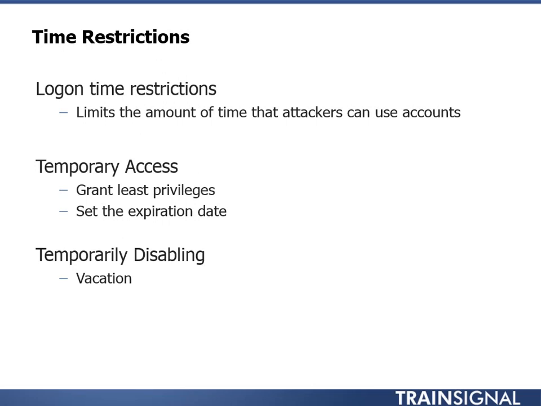Anybody who's not a permanent employee should have an expiration date set to their account. Otherwise, it's going to be forgotten, right? After that contract expires, how do you know for sure that the manager is going to call up IT and say, please remove this account, the person is no longer working with us? Well, they could forget. And if they forget, the effects could be devastating.